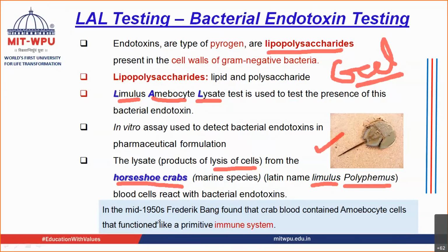Just for additional information, it was in the mid 1950s that a scientist, Frederick Bang, found that the blood of the horseshoe crab contains amebocyte cells. Why is this amebocyte cell present in the horseshoe crab? It is present as a defense mechanism, an immune mechanism for this marine species.